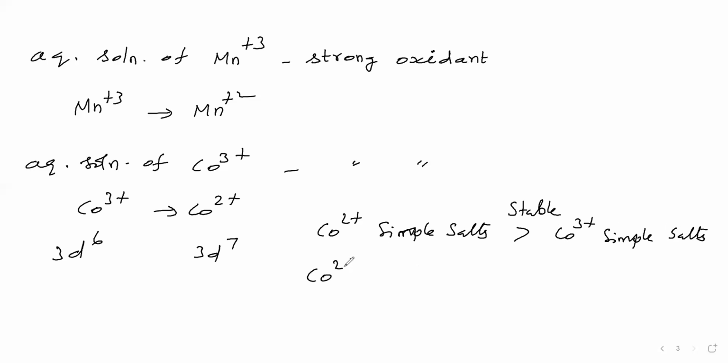But Co2 plus complex salts are less stable when compared to Co3 plus complex salts. Complex salts, if you take, Co3 plus is more stable. Simple salts, if you take, Co2 plus is more stable. Like this it is there. So we are unable to explain this using electronic configuration. Okay. So next point we will see.